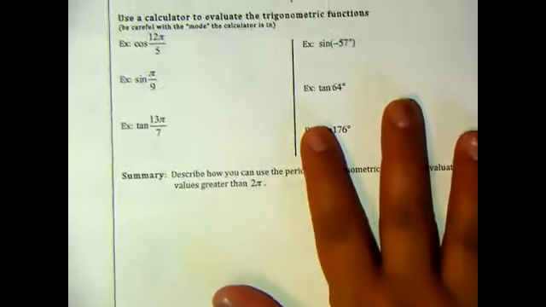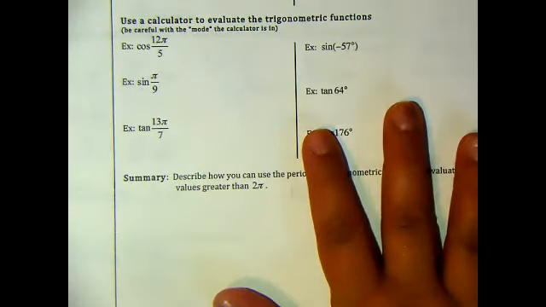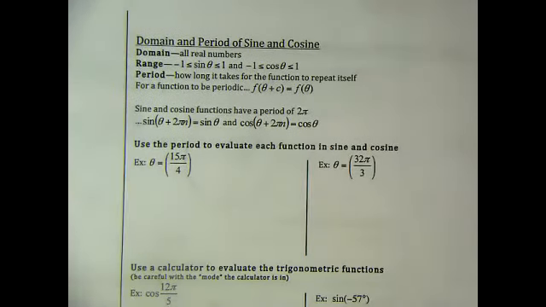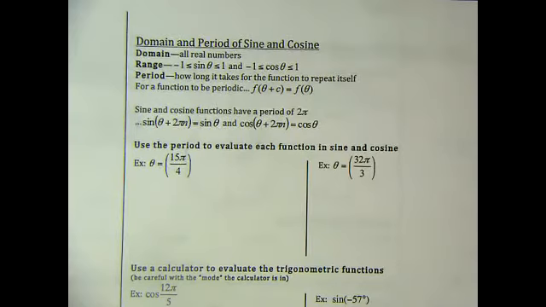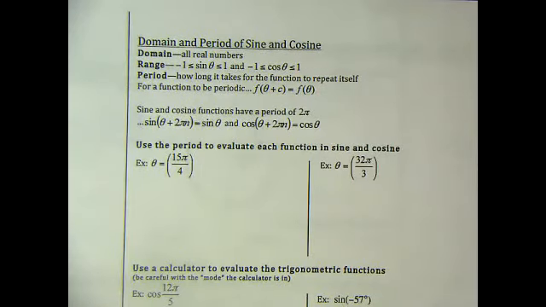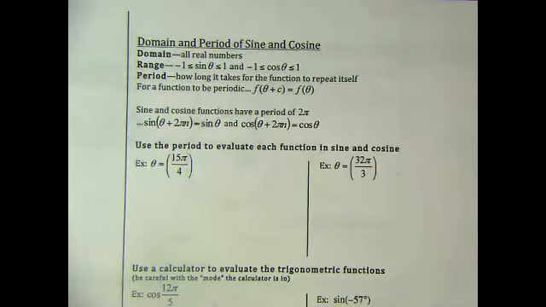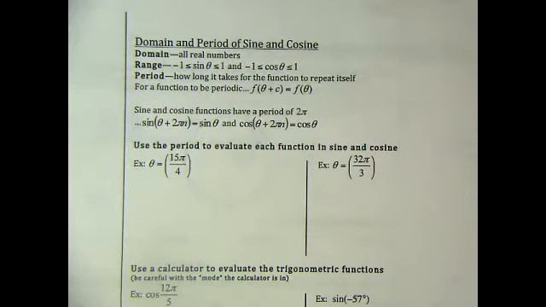So this is now talking about domain and period. Okay, so when we talk in 4.1, we saw angles that had like 1920 rotations in them, and we dwindled that down, right? We subtracted or we added, it was negative, until it came down and we found the equivalent angle, right?